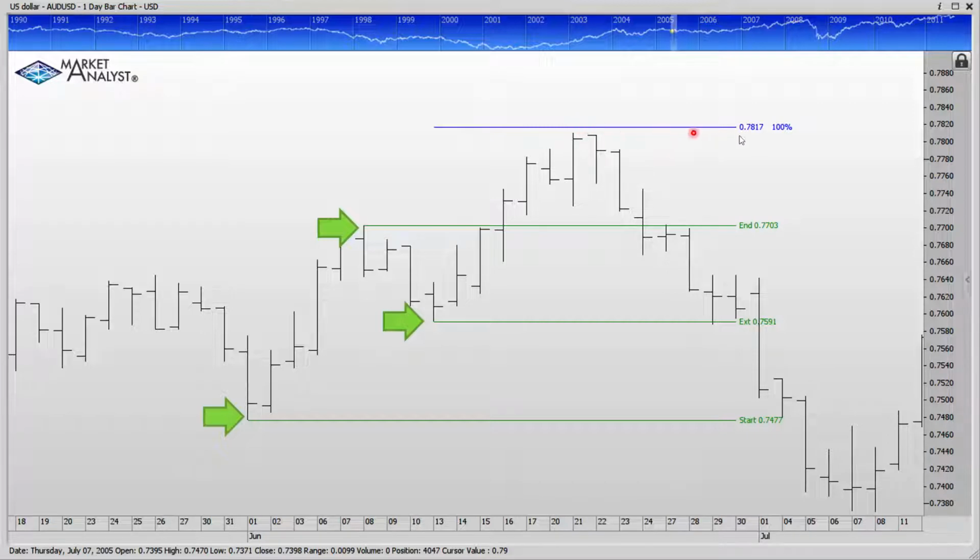This is all based on vertical market geometry. We're measuring the price range on the y-axis to give us an indicator of where there will be a turning point.